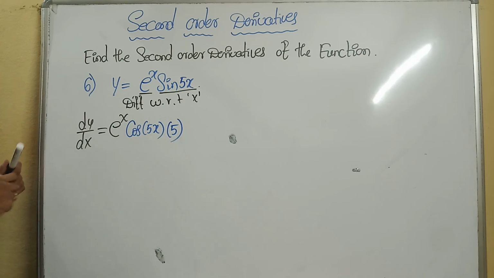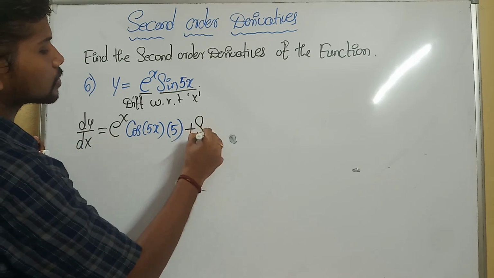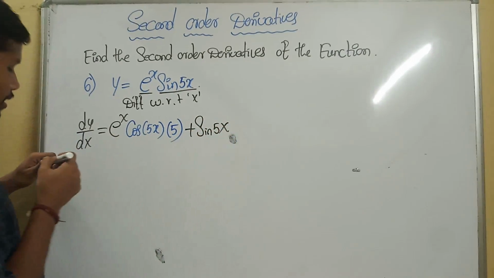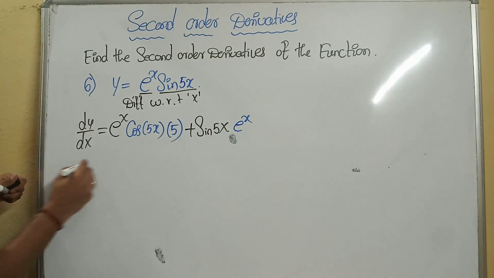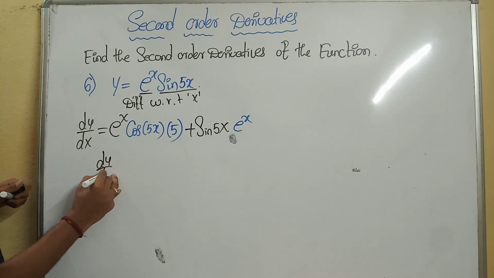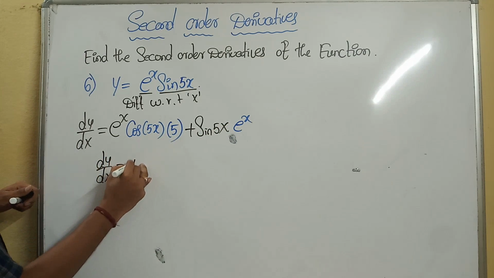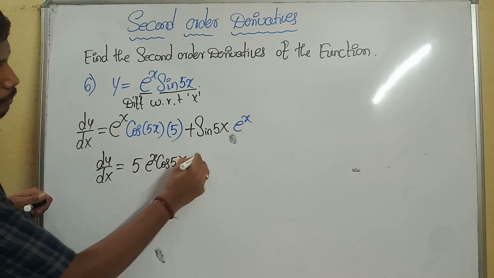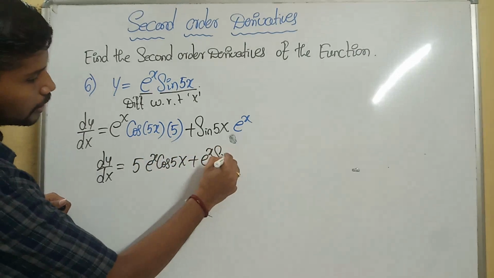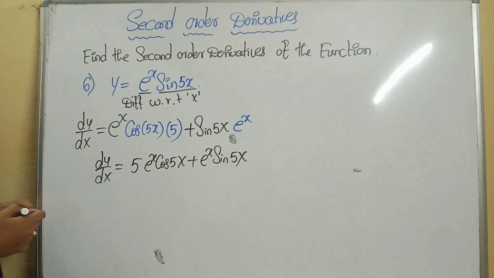Got the point clearly? After that, plus sin of 5x as it is, e raised to x derivative will be e raised to x only. Now I'd like to write one more simplified step. dy by dx is equal to 5 e to the power x cos of 5x plus e raised to x sin of 5x.